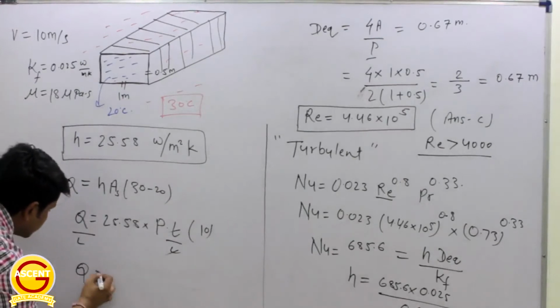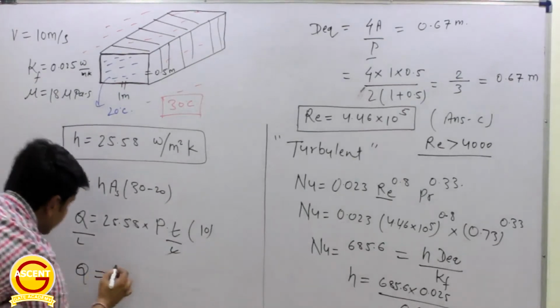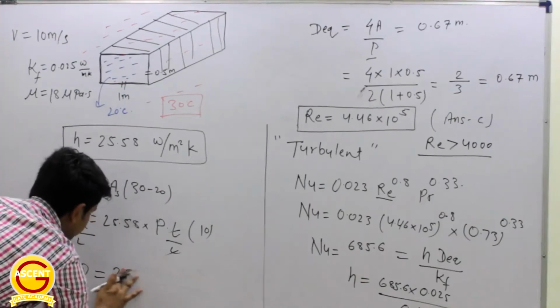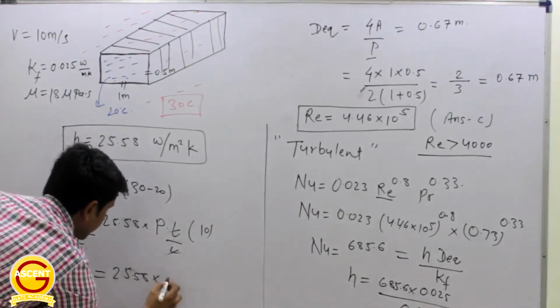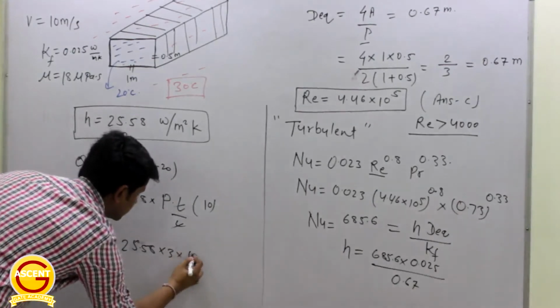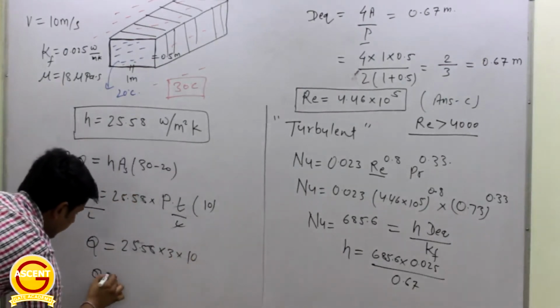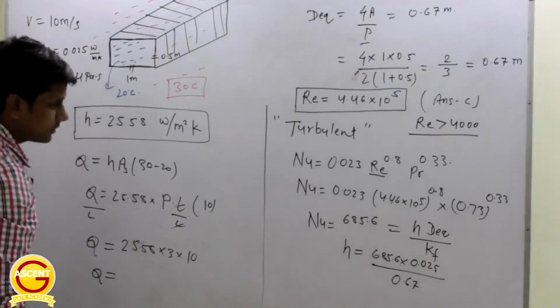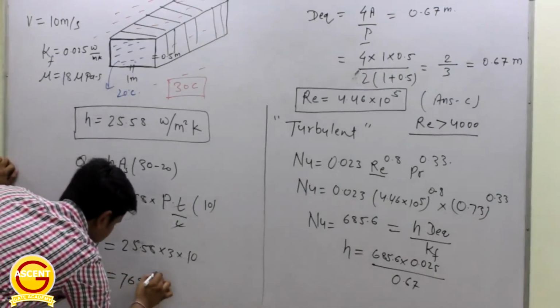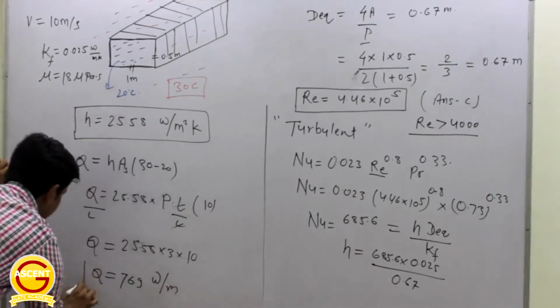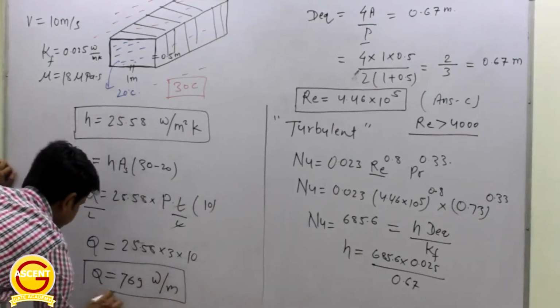So this heat transfer per unit length you will get as 25.58 multiplied by perimeter 3 into temperature difference 10. So this Q value you will get as 769 watt per meter. Per meter, because we are calculating this per meter length, right?